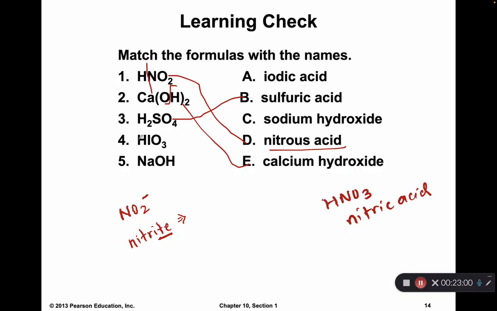H is the hydrogen, IO3 makes the iodate ion, right? ATE becomes ic acid. No need to add hydro in front of that because it is polyatomic, so the answer is iodic acid. NaOH is an easy one, it's sodium hydroxide.